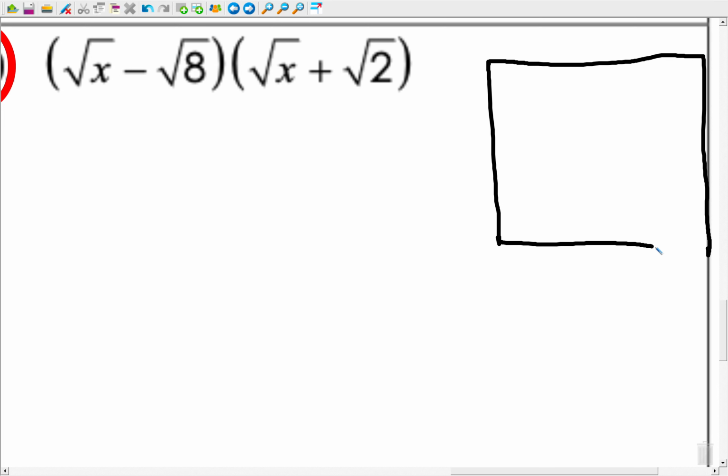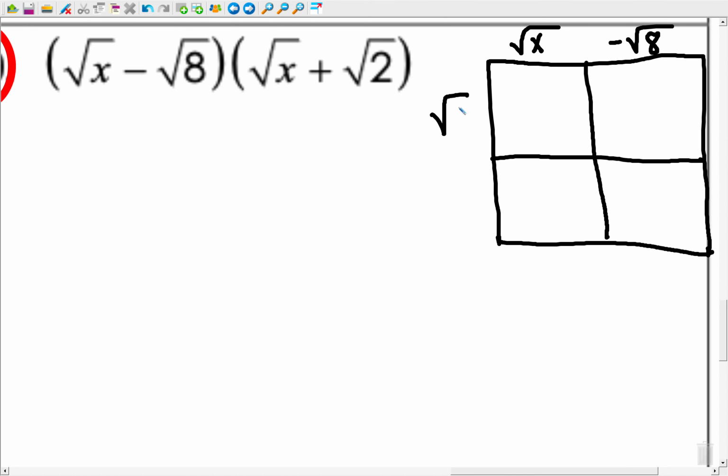And put across the top, very carefully, your radical with x minus your radical with 8. Radical with x plus your radical with 2. If I multiply the square root of x times the square root of x, that gives me the square root of x squared. Well, y'all, the square root of x squared is just x.